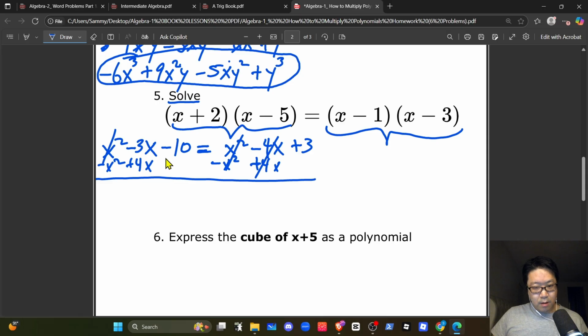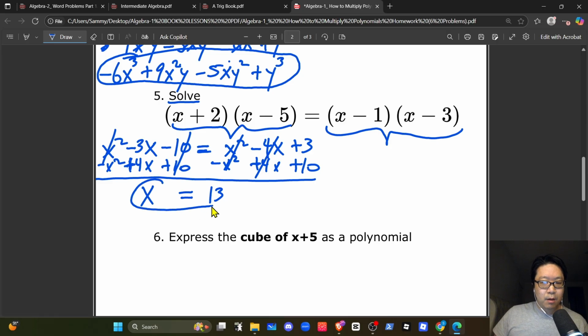And then we're going to add 10 to both sides to move the constant to the right side. So when we do that, we're going to end up with x on the left side because we have negative 3x and positive 4x here. And on the right side, we have 3 plus 10, which is 13. And that's going to be your answer.